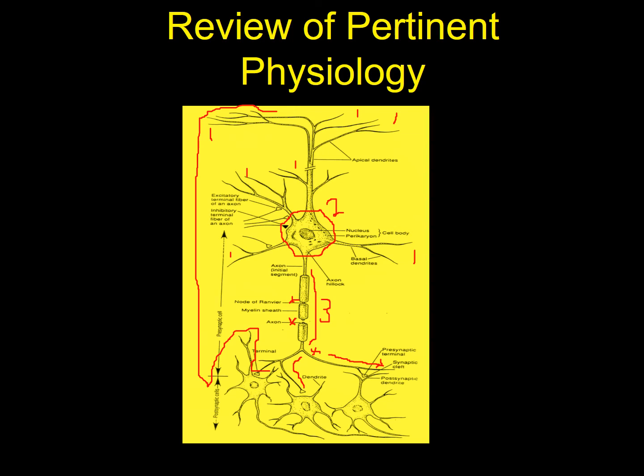I'm just putting arrows, but at the very end of the neuron, there's a little thing that looks like a triangle, and that's where neurotransmitter is stored. There's neurotransmitter in those little triangles, and when this cell is excited, it will release neurotransmitter from that triangle, and that neurotransmitter will go on to bind to a receiver on the next neuron.